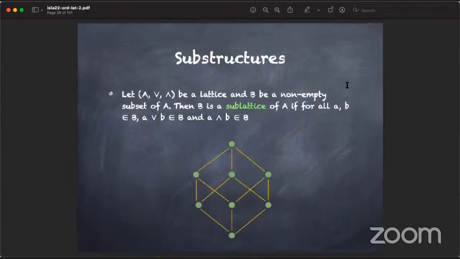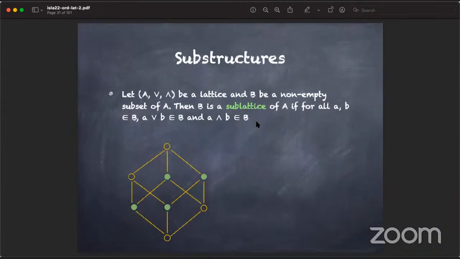And for example, as you can see, this is my favorite example of a lattice. Let us consider this lattice and see what subsets form a sublattice and what kind of subset do not. Now consider these unshaded, non-green elements.